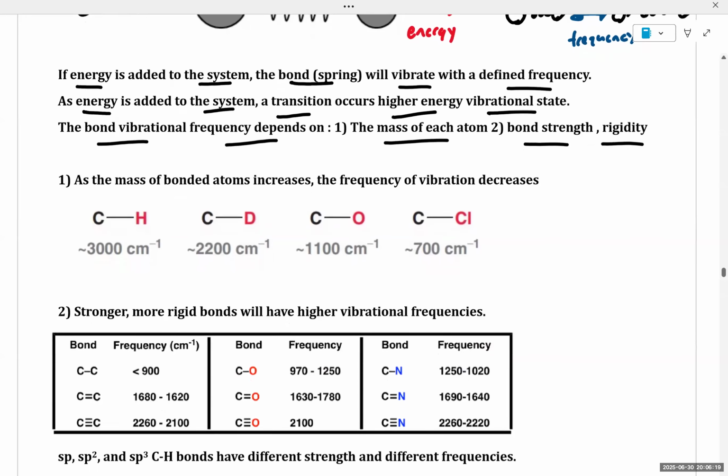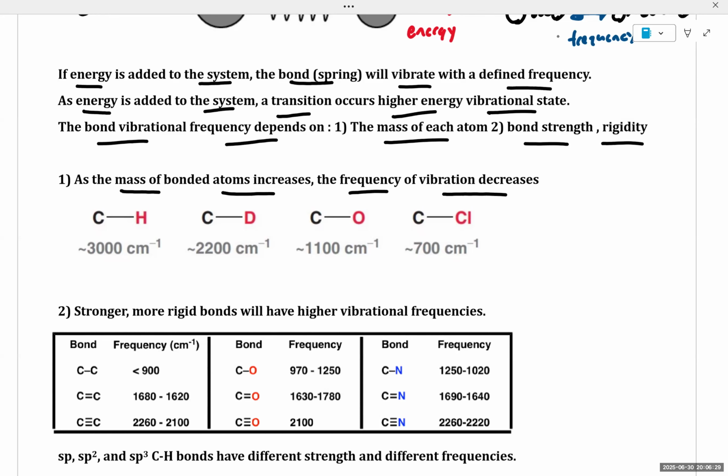With regards to the first factor, the mass of each atom, as the mass of bonded atoms increases, the frequency of vibration decreases. So for example, if we swap a hydrogen atom, which has a low mass, with a larger oxygen atom, we see that the vibrational frequency decreases considerably as atomic mass increases.